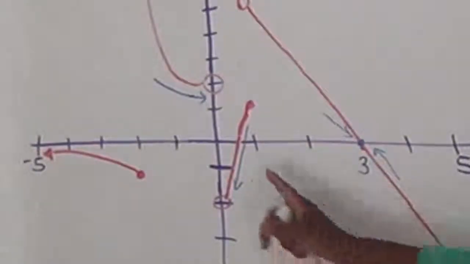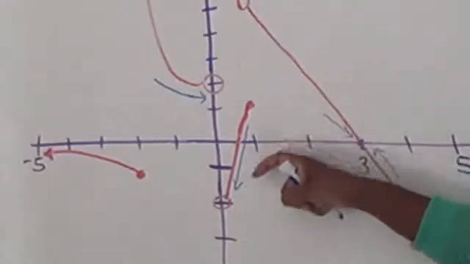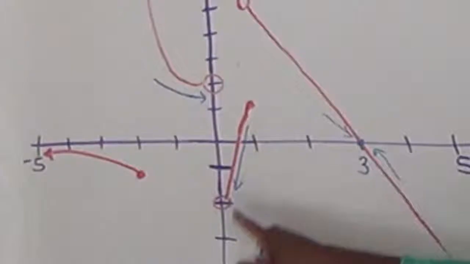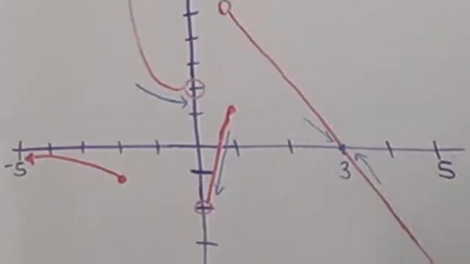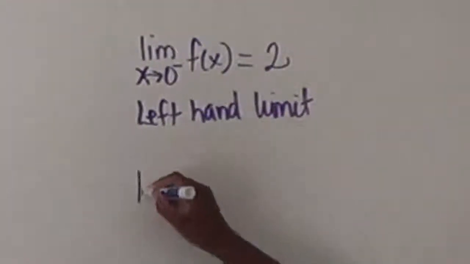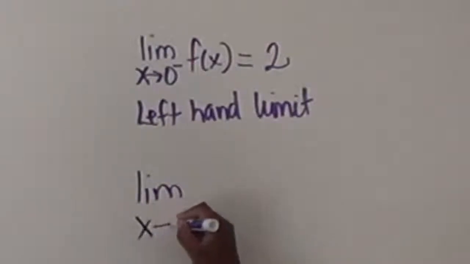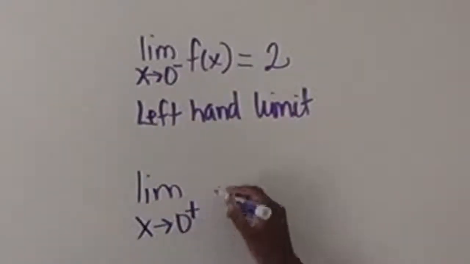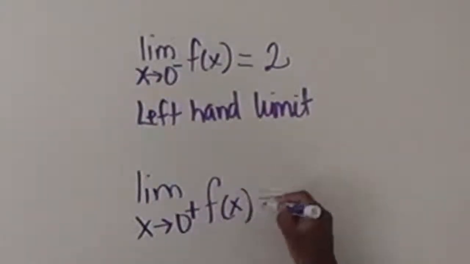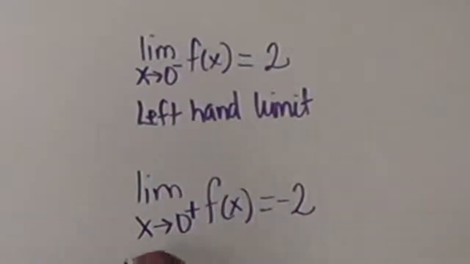On the other side, if we look at as x approaches from the right, we see that the value is going to go to -2. So we get that the limit as x goes to 0 from the positive side of f of x is equal to -2. And again, this is what we call the right-hand limit.